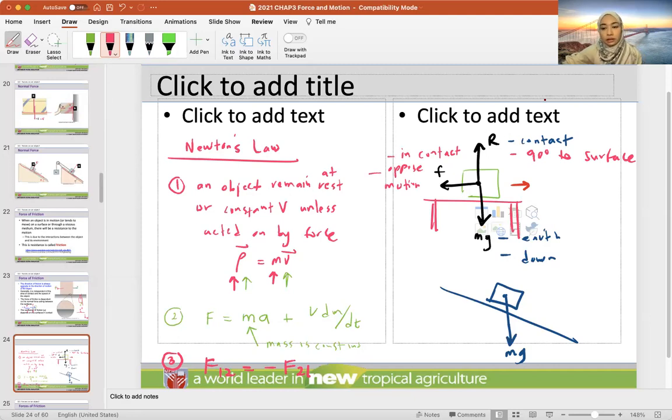Reaction kena contact, 90 degrees, mg have to be on earth and it's always down. Tak kisah macam mana pun. Yang ni kadang-kadang ada orang buat macam ni mg dia. Salah lah. Sebab tu saya tekankan kat sini. Always down. Tak boleh condong. Jangan condong ever.